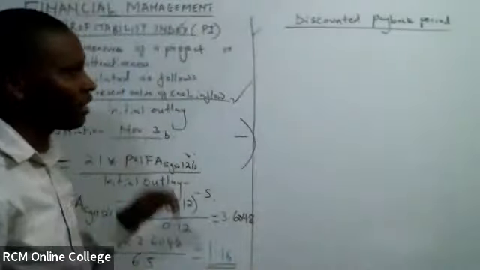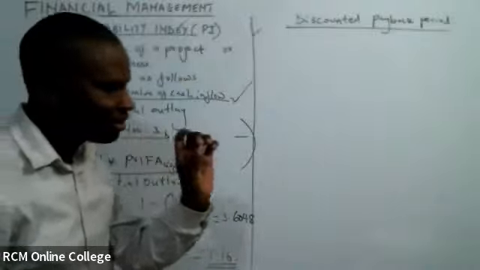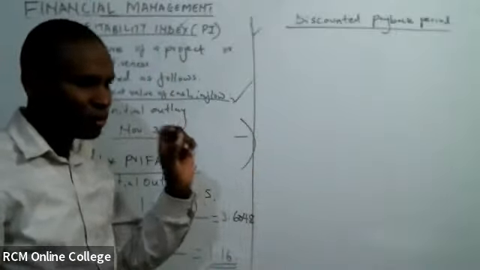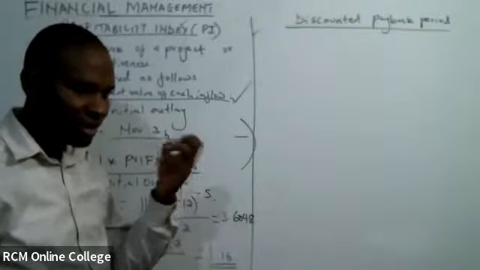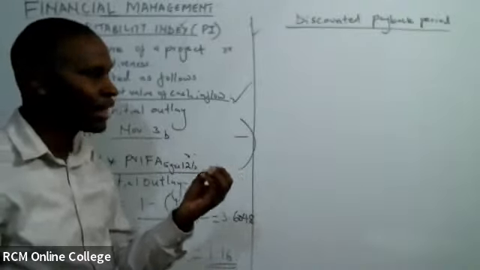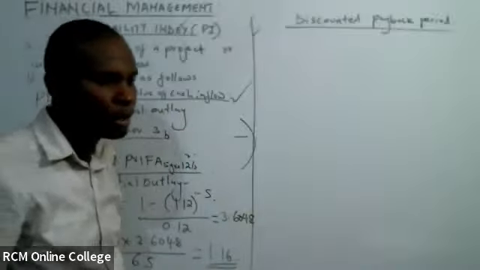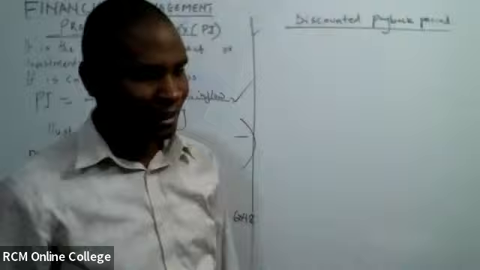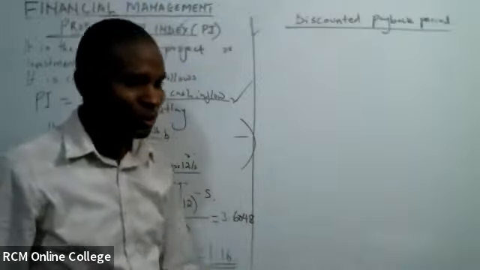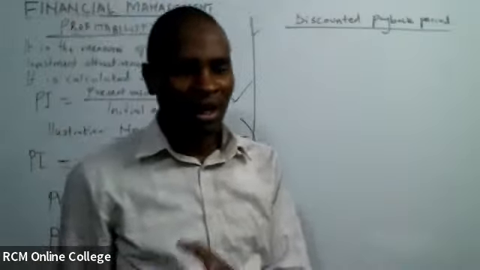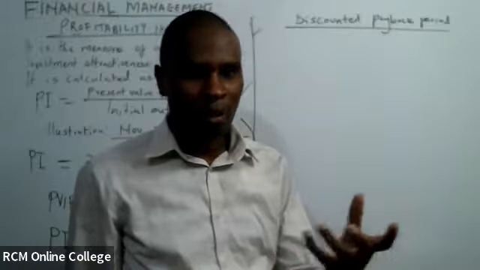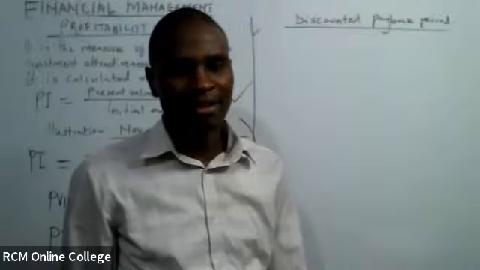So the moment an appraisal technique brings in the fact that it can consider the time value of money, and can have that aspect of discounting, it becomes a modern technique. So we have removed, at this point, our discounted payback period to the modern side.